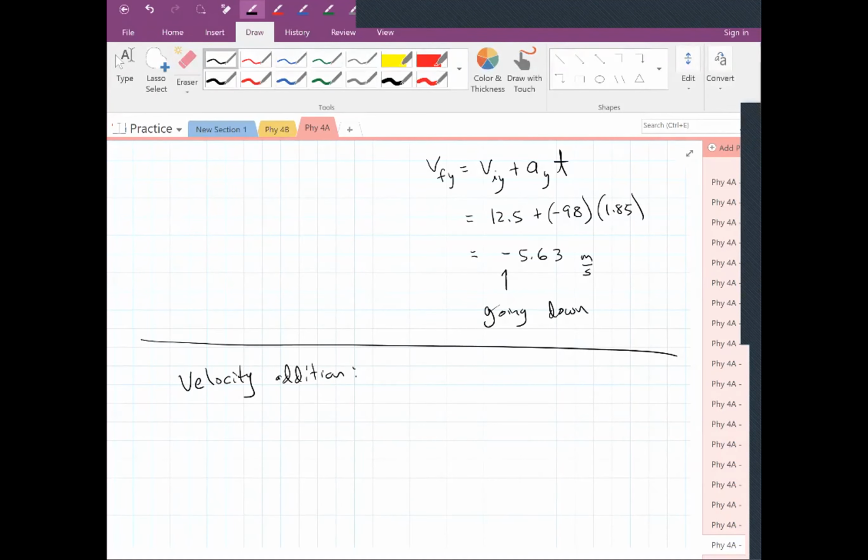A simple example is somebody on a train, so maybe nothing is moving compared to them. If I'm holding something in my hand and I'm sitting in a moving train, I look at that object and say that object's not moving. I measure its speed to be 0 because it's not moving with respect to me.